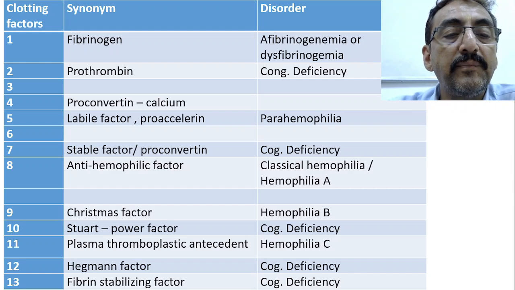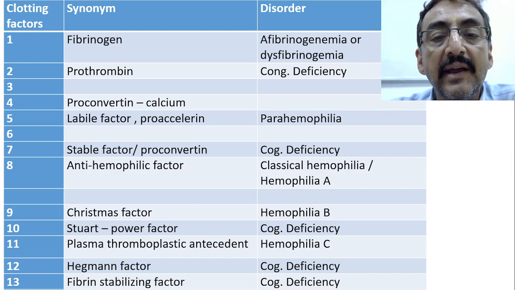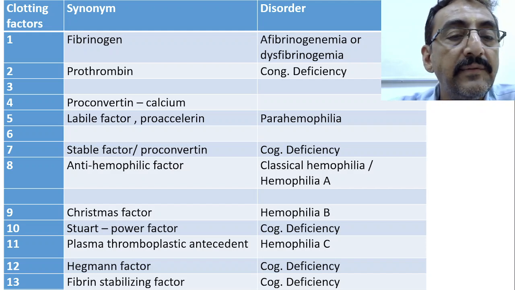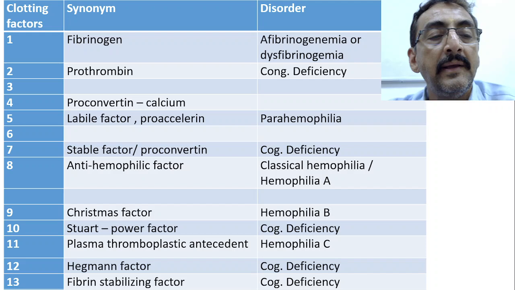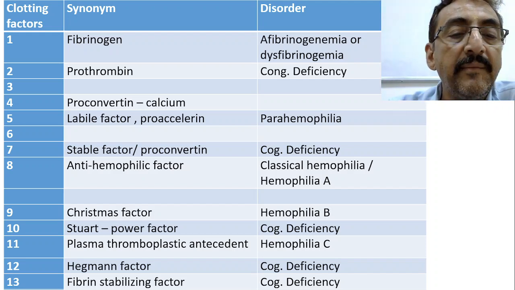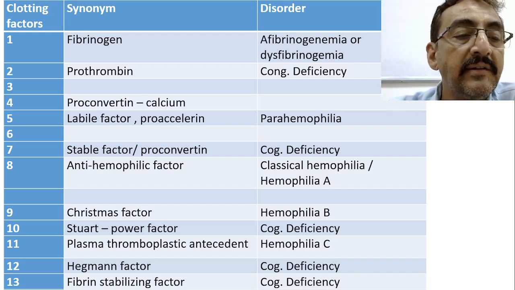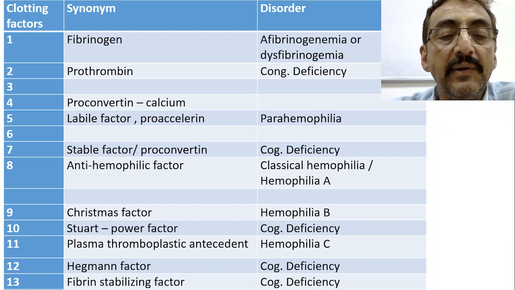The 11th factor is called plasma thromboplastin antecedent. Deficiency of this factor leads to hemophilia C. The 12th factor is called Hageman factor, and the 13th factor is called fibrin stabilizing factor.